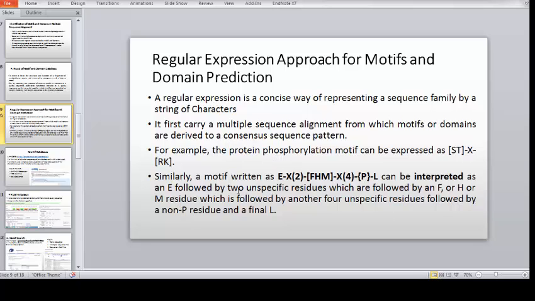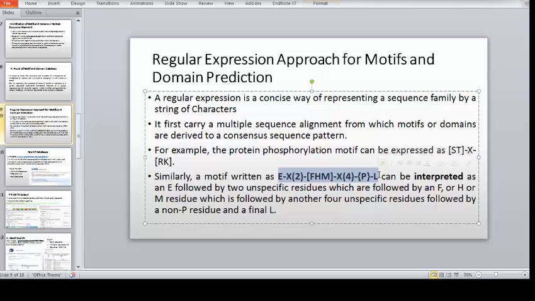Similarly, this is another motif signature pattern, and it can be interpreted as the E amino acid followed by two unspecified residues, then followed by either F or H or M, then followed again by 4 unspecified residues, then next followed by all 20 amino acids excluding proline.